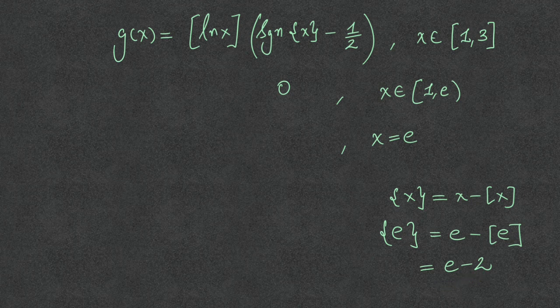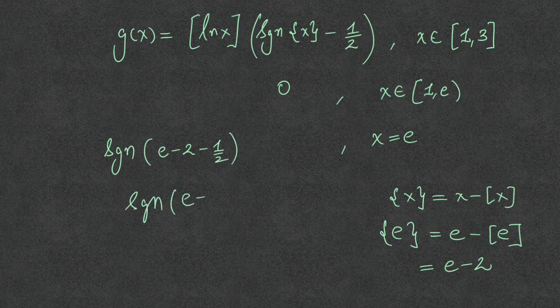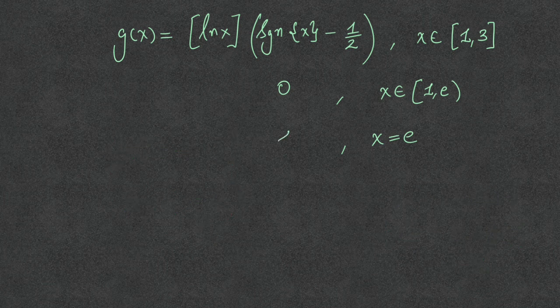So we get signum of e minus 2 minus half, which is signum of e minus 5 by 2, and this is positive. Signum of positive gives 1. So at x equal to e, this becomes 1 and this is also 1. So 1 into 1 is 1.